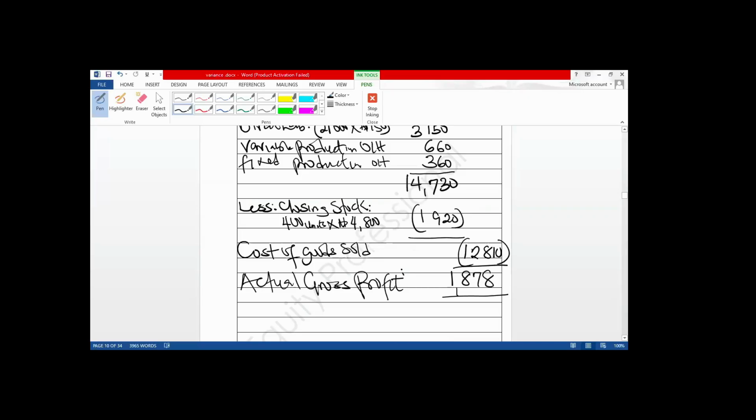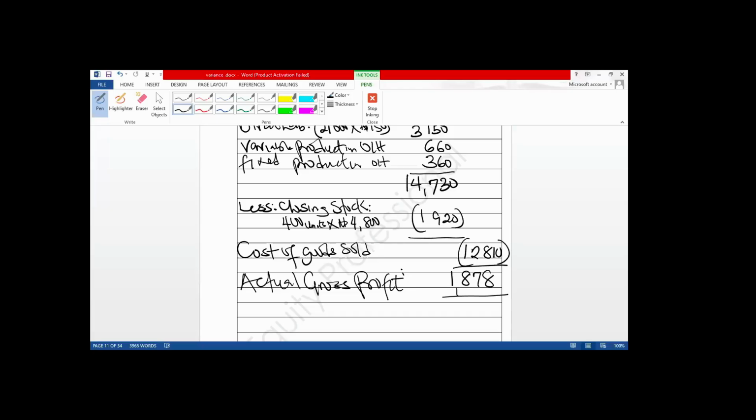You look at working one. The budgeted gross profit is 2.4 million. The company wants to achieve 2.4 million profit budget. At the end of the month, the company achieved 1,878,000. Management now asks you, reconcile this profit for us.